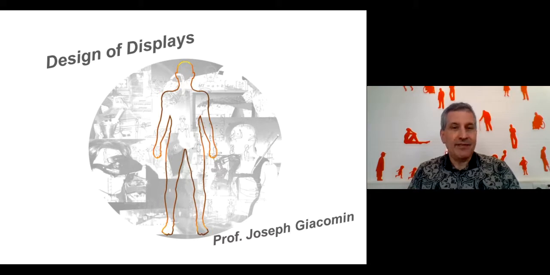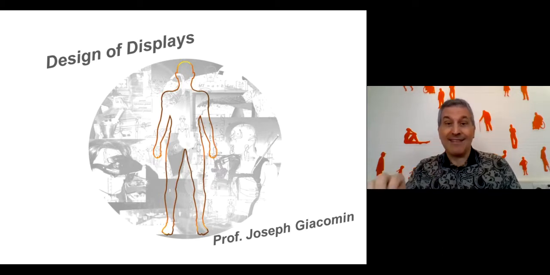In a previous talk, we had discussed controls at an interface being how we get some information into some sort of a product, a system, or a service, how we tell it what we want, how we make choices, how we ask it for things.